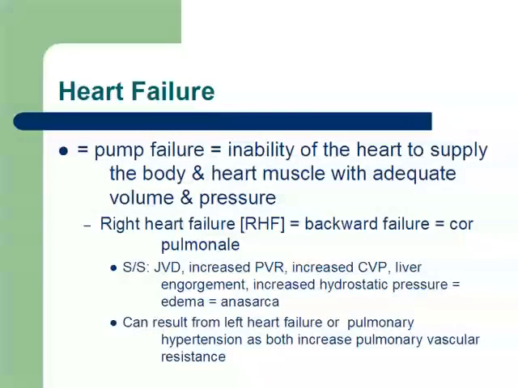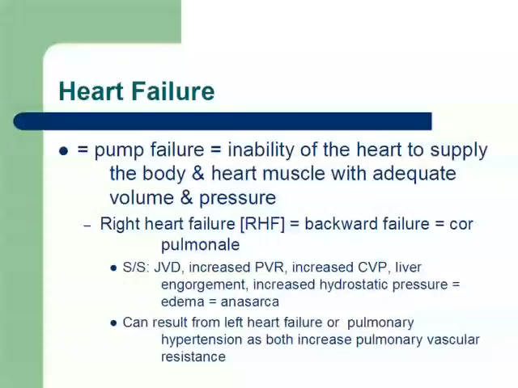Symptoms: jugular vein distension, increased peripheral vascular resistance, increased central venous pressure, liver engorgement, because fluid will go into it. An increase in hydrostatic pressure will cause edema, and anasarca is total body edema. So around the eyes, of the face, the hands, the abdomen, as well as the legs.